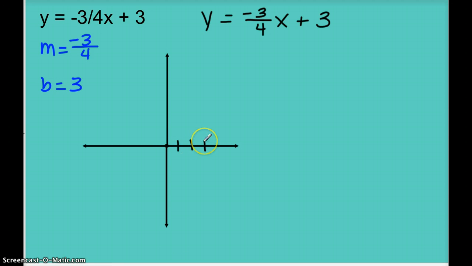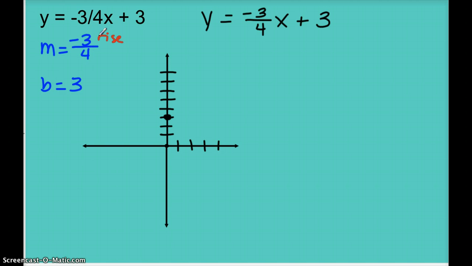So whenever I go to graph this, first thing I need to plot is my y-intercept. So remember, that's your b. So since that's a positive 3, I'm going to come straight up here to 3 and put a dot. Then from there I use my slope, and my slope gives me directions as to where to go. So from the point I just plotted, my slope is -3/4.